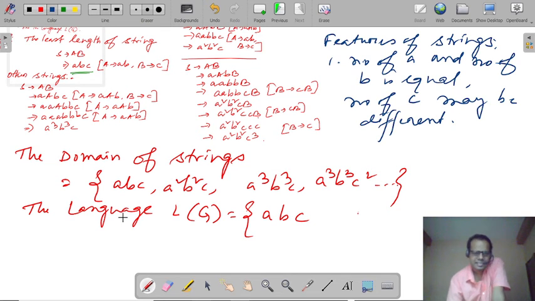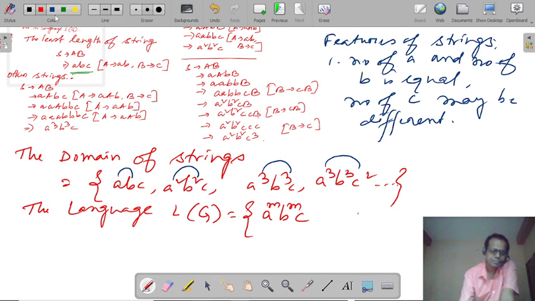And the second feature is that the A's are followed by the B's, which are followed by the C's. That is, all A first, next all B, next all C. So to make the number of A and number of B equal, we write A to the power m, then B to the power also m, both equal, just as you see A B, A square B square, A cube B cube.